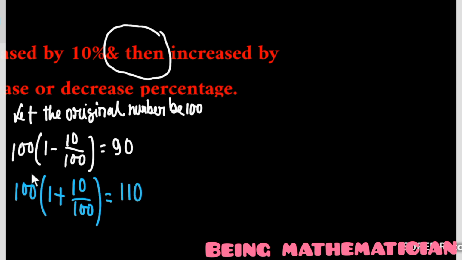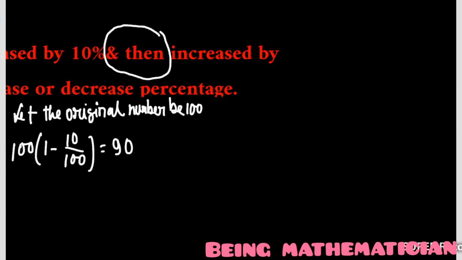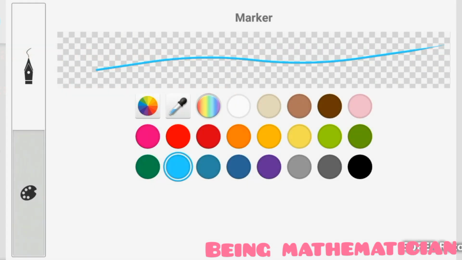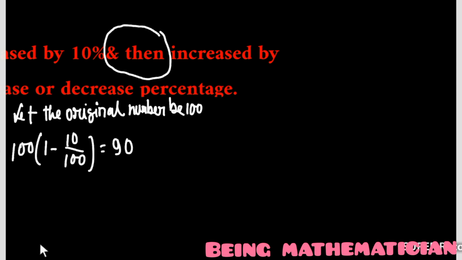They use the original number here, but in the question it is "then". That means you have to increase 10% on 90. So the correct step is 90 into 1 plus 10 by 100, and that will be 99.